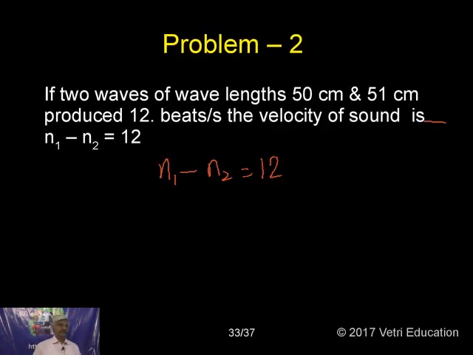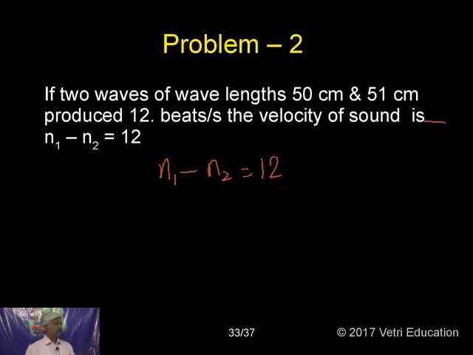Immediately you have to ask yourself: why, sir, are we putting n1 minus n2 instead of n2 minus n1? Is it possible? I already told in the previous class, the frequency is inversely proportional to length. That means if length is more, frequency is less.